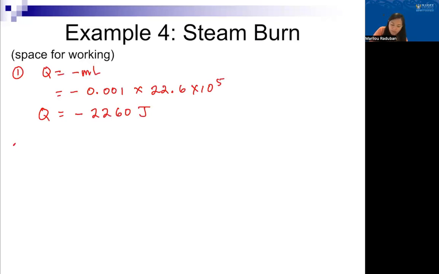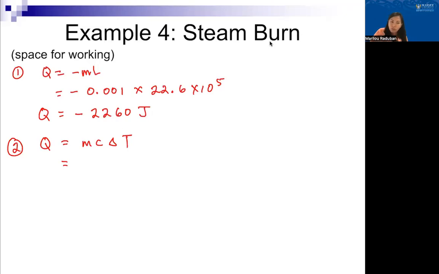And then for the second phase, you have water cooling down to the body temperature. So that will be Q is equal to MC delta T. The mass is still the same. We assume that the steam has a mass of 0.001 kilograms, so when it condenses to water, the mass of the water is also 0.001 kilograms.